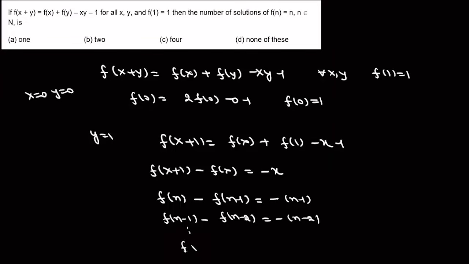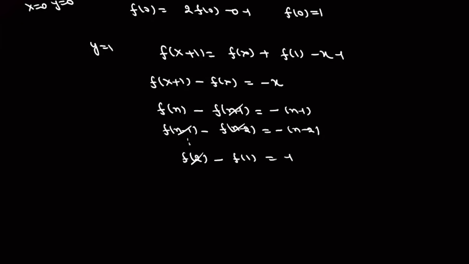In the end, we'll have f(2) - f(1), and that'll be -1. Now if we add all these, the terms will cancel and we'll get f(n) - f(1), and f(1) is 1.